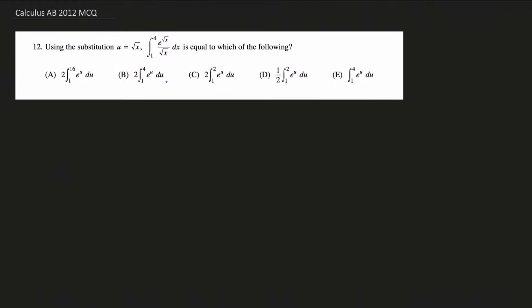But before, if we say that u is equal to the square root of x, then du is equal to 1 over 2 square root of x dx. This would imply that 2 du is equal to dx over the square root of x. So I just took the derivative of u.